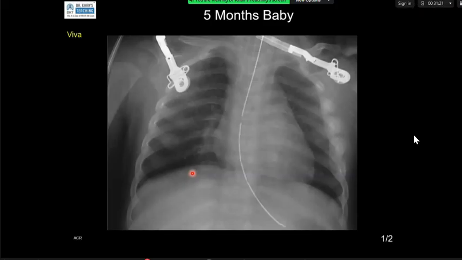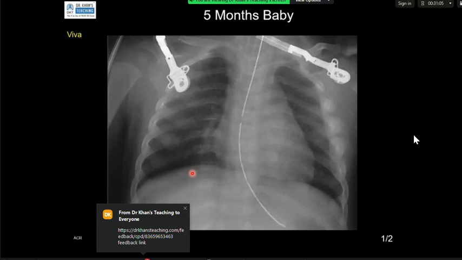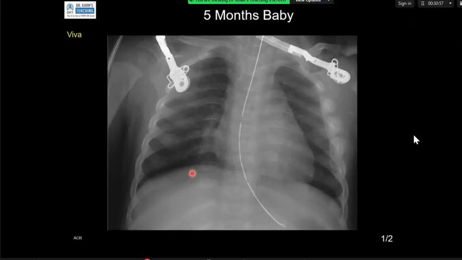Since the child is 5 months of age, I don't think it can be a case of rickets, because normally we don't see rickets in early infancy. What are you thinking? I'm not able to make out, but I don't think it's a case of rickets because the child is less than 6 months.